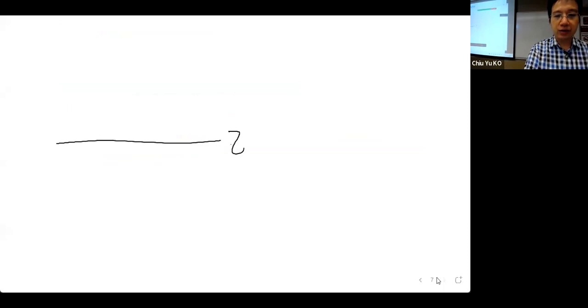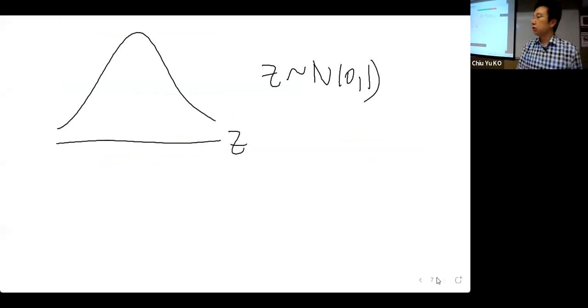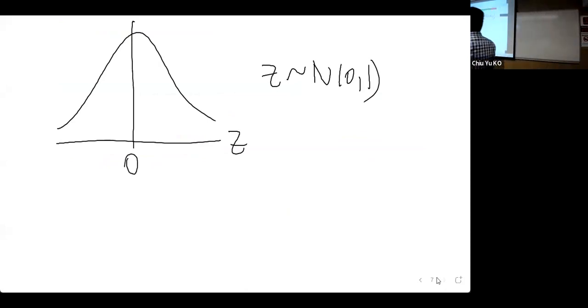Now I have a bell, and this bell is the standard normal. I try to draw one number from this bell. Suppose I draw 1. The square is still 1, right? If I draw the number 2, the square becomes 4.